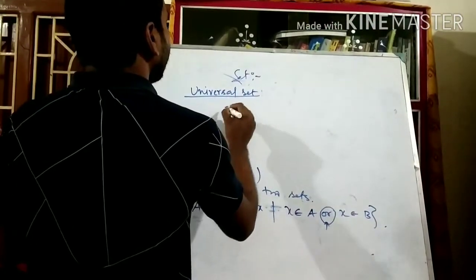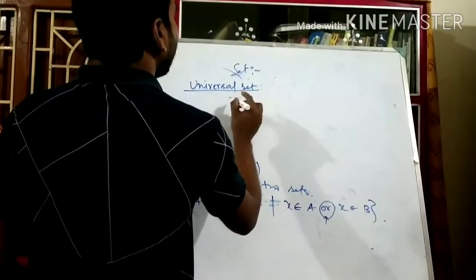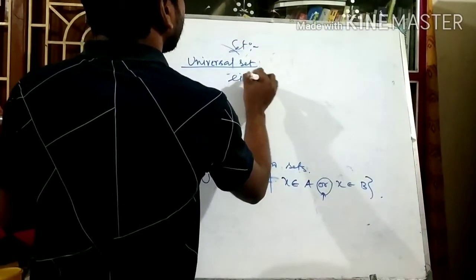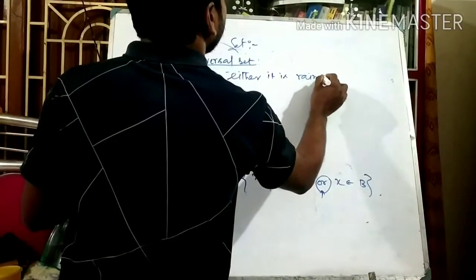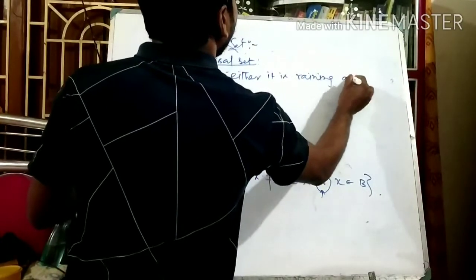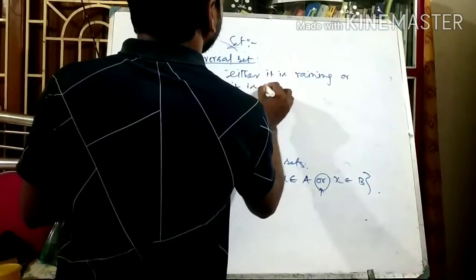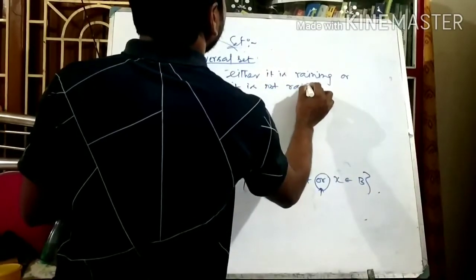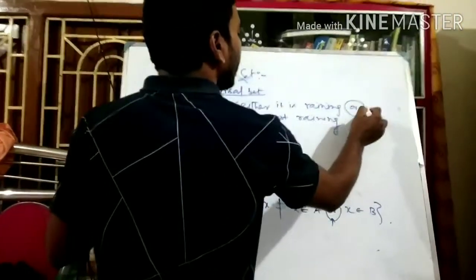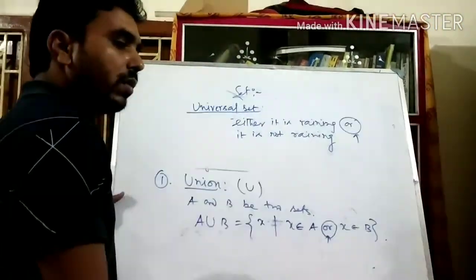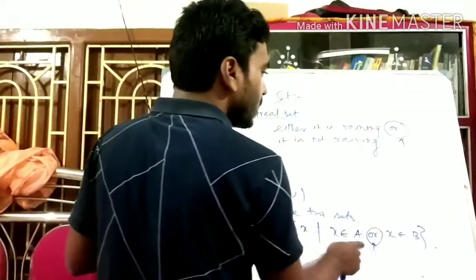Suppose it is either raining or it is not raining. Here also we have used the word or. But what is the difference between these two uses of or?